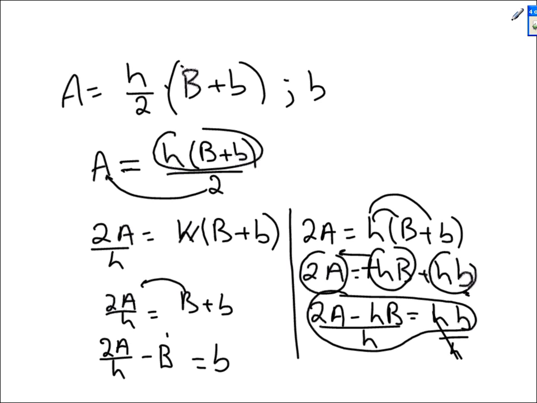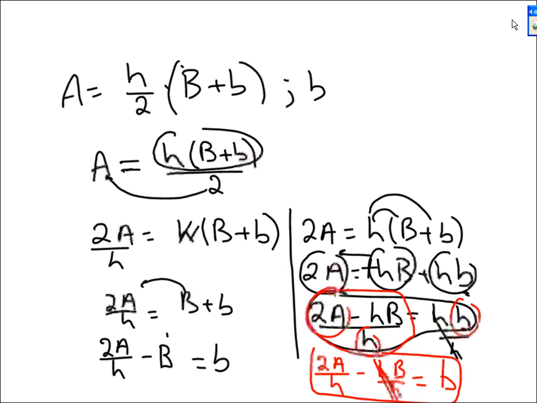Now, why do the two answers not look the same? Because on the right-hand side, I have it as one fraction. And if I broke it up, I have the 2A over the h minus the hB over the h. And that equals little b. But then again, these h's cancel.